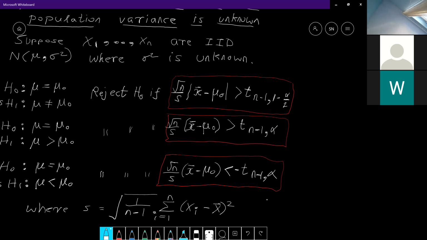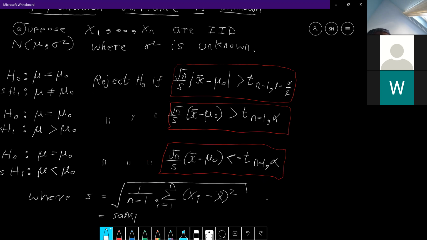So this is the S, and it's known as the sample standard deviation, or SD.